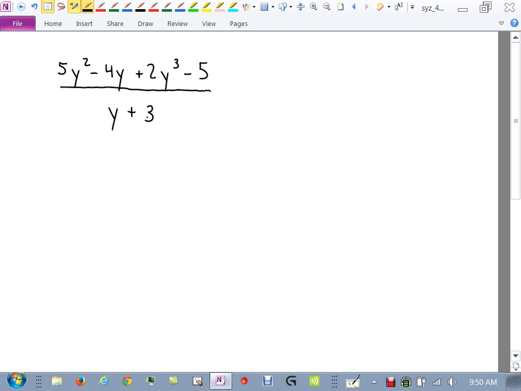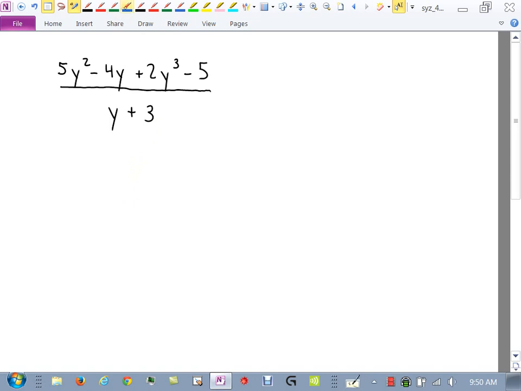All right, can we use synthetic division here? Yes, because the bottom is a variable, right? Now I'm using y instead of x. Is that all right with everyone? I have a number next to it, plus 3. So I'm allowed to use synthetic division.